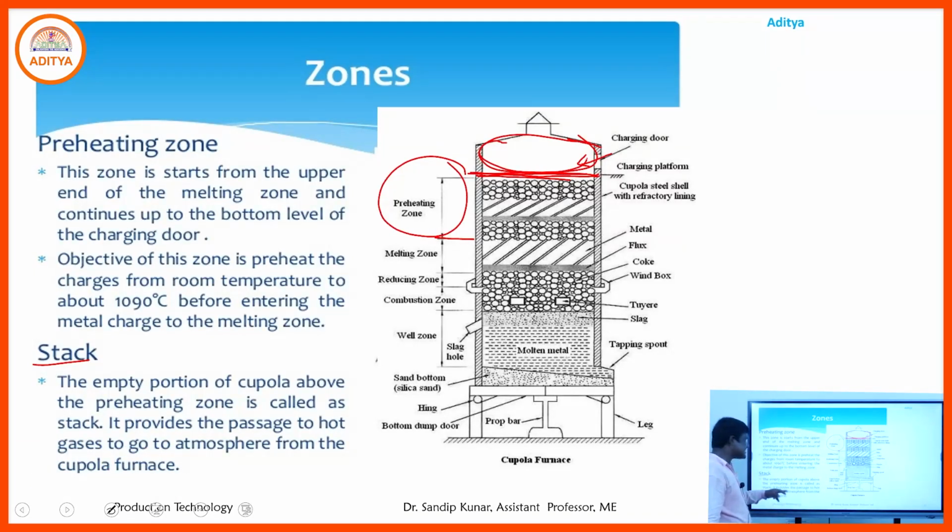It provides the passage, a fully empty space, through which the hot gases go outside, to the atmosphere from the cupola furnace. Easily they will go out to the atmosphere. That empty zone is called the stack zone.